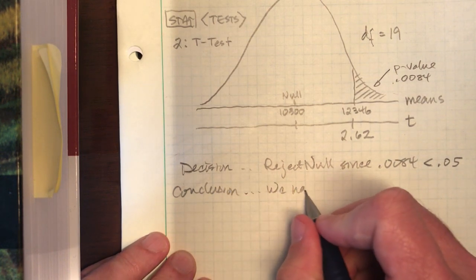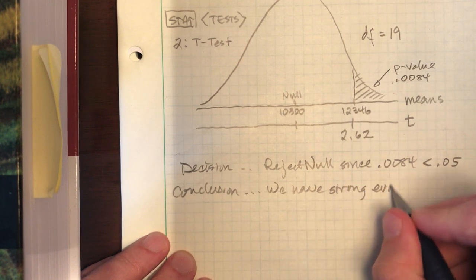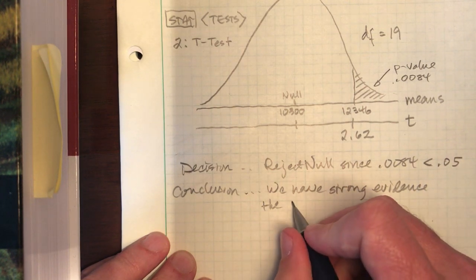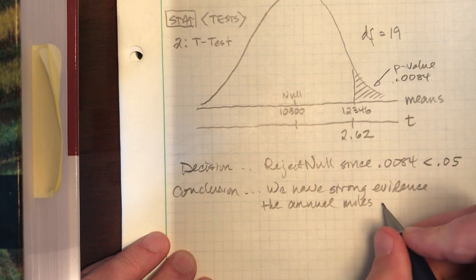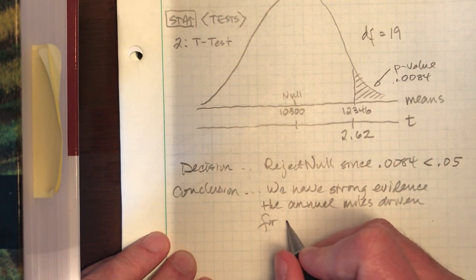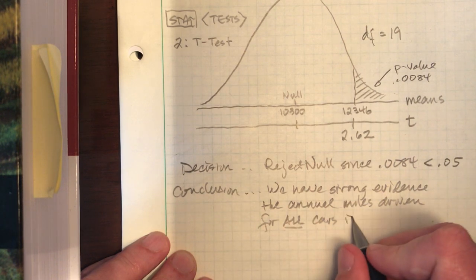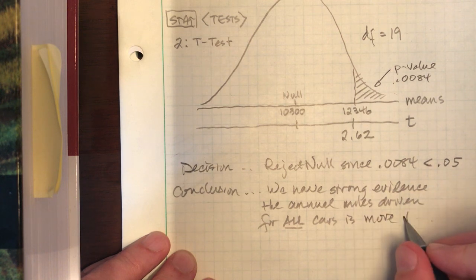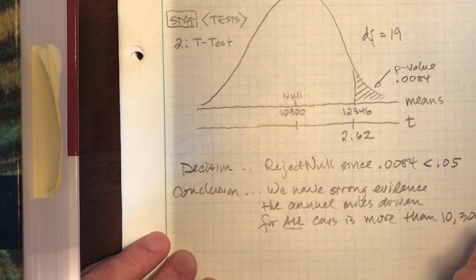We have strong evidence the annual miles driven for all cars is more than 10,300.